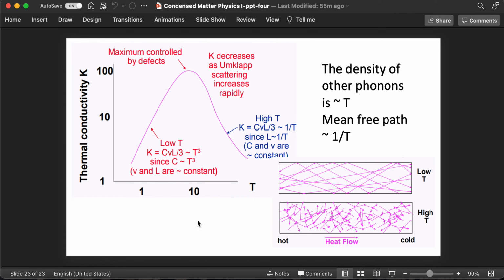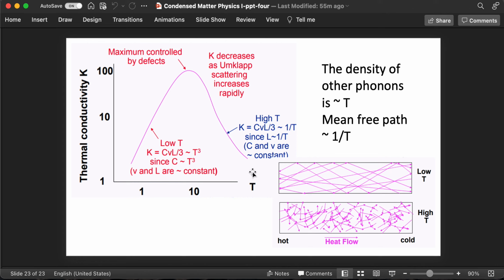You need the Umklapp scattering to lower the thermal conductivity. Otherwise, if there is no Umklapp scattering, this thermal conductivity will keep zooming up. Only because of Umklapp scattering at high temperatures, when they start kicking in, do you get the thermal conductivity to fall down. The thermal conductivity falls down only because of inelastic scattering.